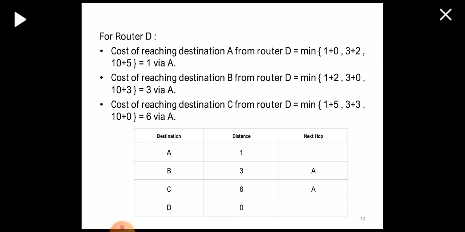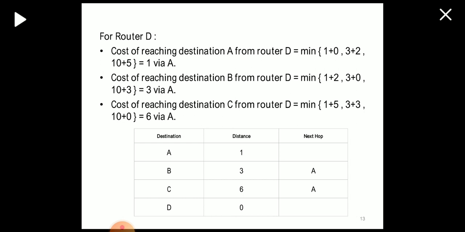The condition is given as: for router D, cost of reaching destination A from router D is equal to the minimum of either 1 plus 0, or 3 plus 2, or 10 plus 5. But we consider D to A, that is 1 via A.